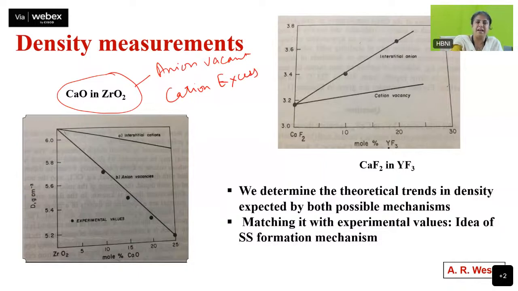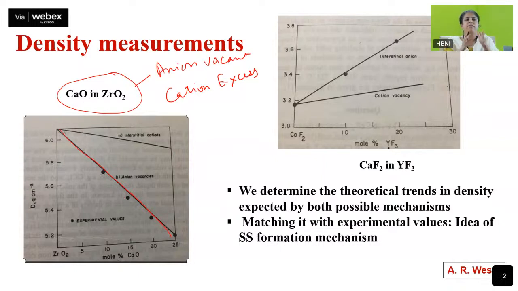If it was cation excess, then the density should fall on this line. If it was anion vacancies, it should decrease much more sharply and it will fall on this line. So the compositions are made and the experimental densities are measured by Archimedes principle, and these are those dotted lines.